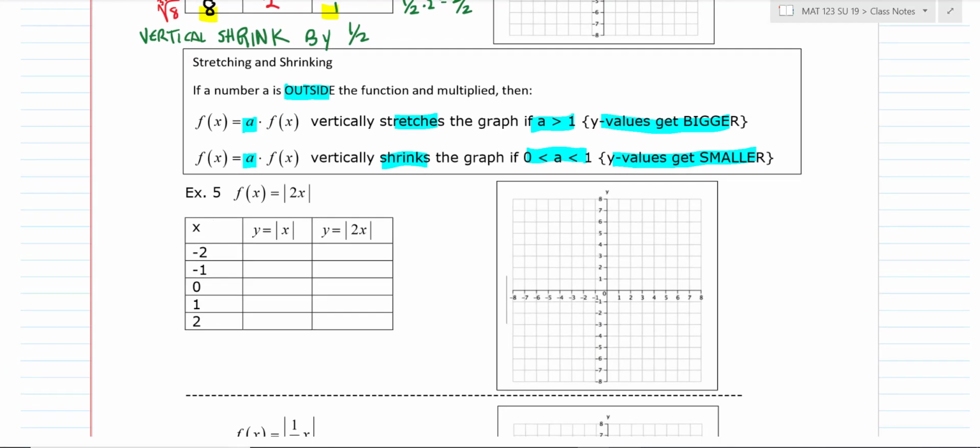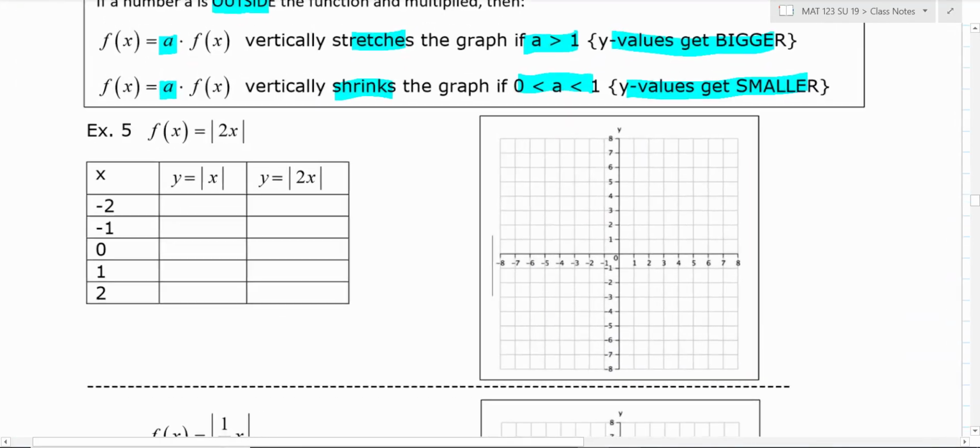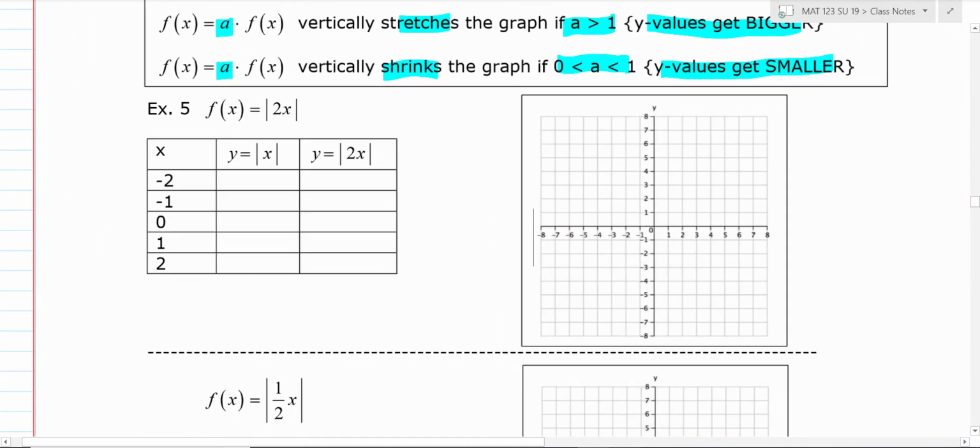All right, now what we're going to do next is some stretching and shrinking inside the function. So I'm going to go ahead and work this one out and then let you try to work one of these out yourself. So this one we're doing absolute value of 2x. Putting that 2 inside the function is going to cause something a little different to happen. So I'm going to do the absolute value of each one of these numbers. Okay, so that's just going to be 2, 1, 0, 1, and 2 like that.